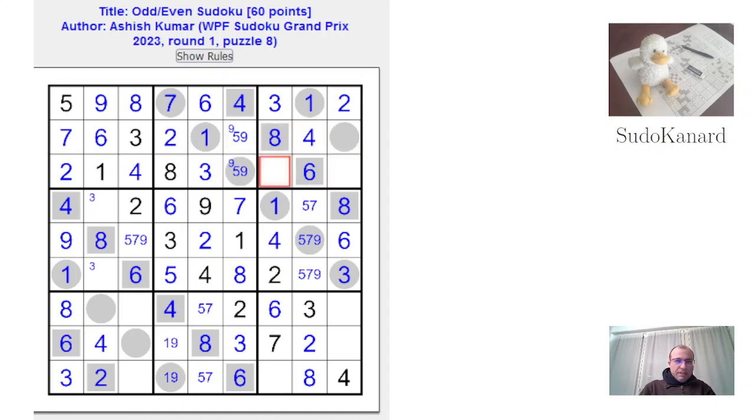5, 9, and 7 is not here, it's here. So 5 and 9 pair here. The counterpart of this 5, 9 is down there. That's not 9, that's not 9, so this is 9. And this 3 here eliminates that, so that's the 3.